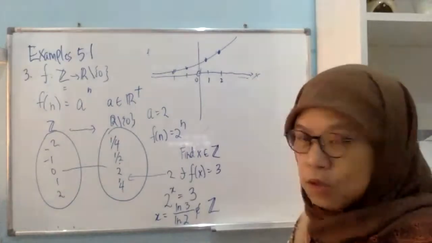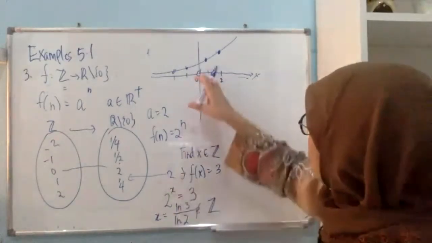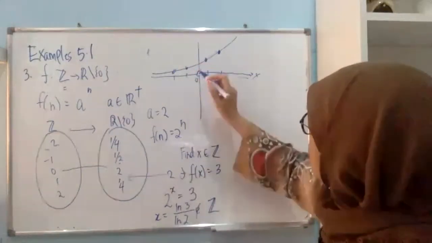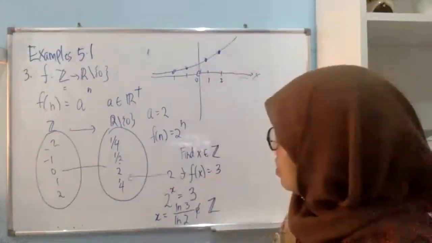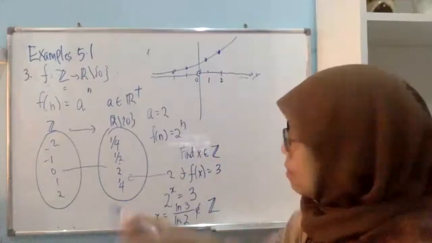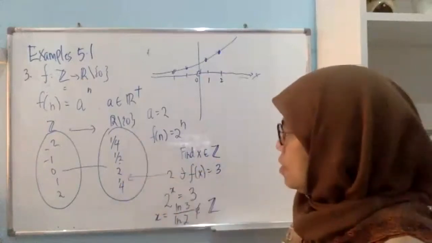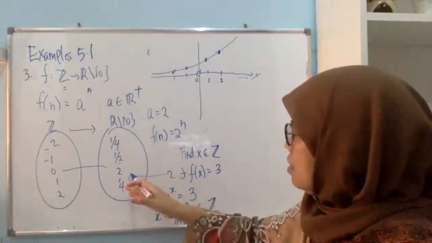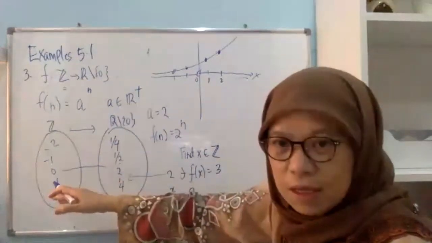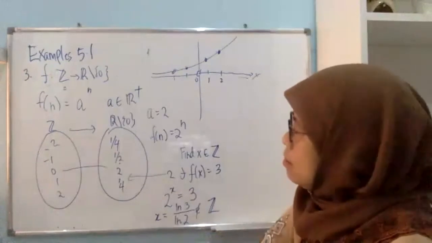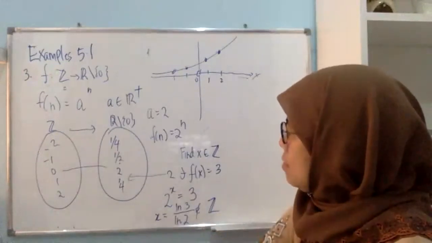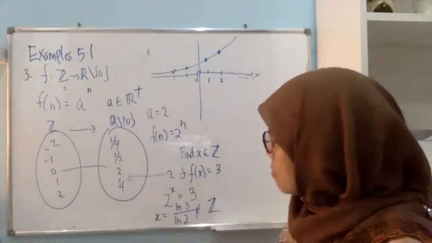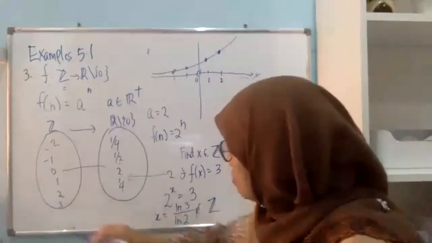Okay, so it's not really easy to see from here because it's integer, it's not continuous, but you can easily see from here. There are so many numbers in here which cannot have the pre-image. Okay, so many of them, anything in between. If you go one more, 3, you get 8.